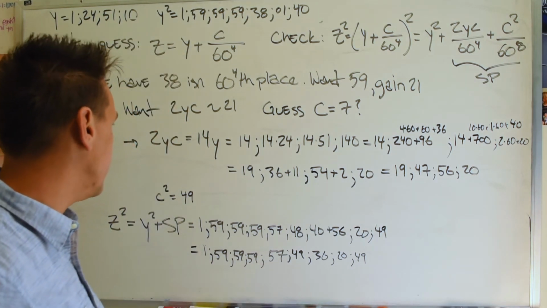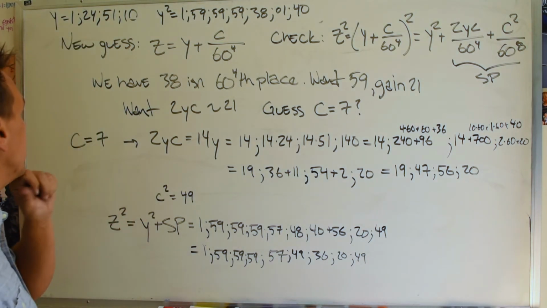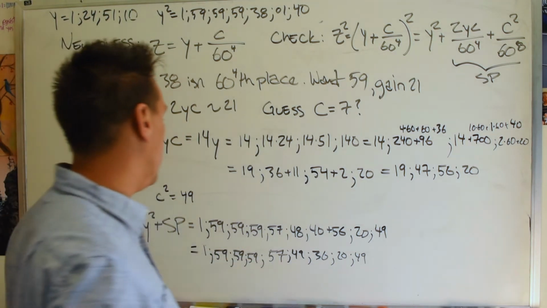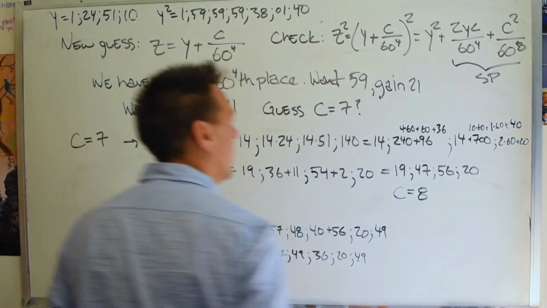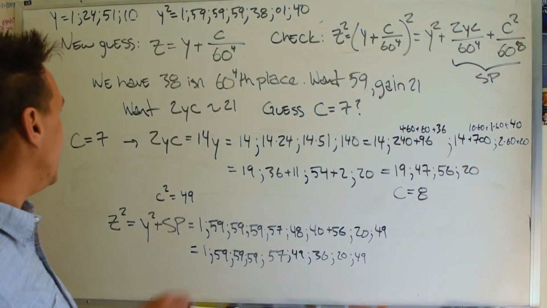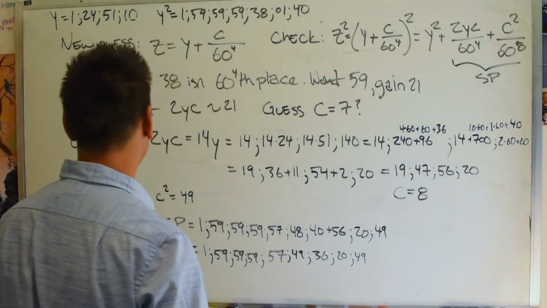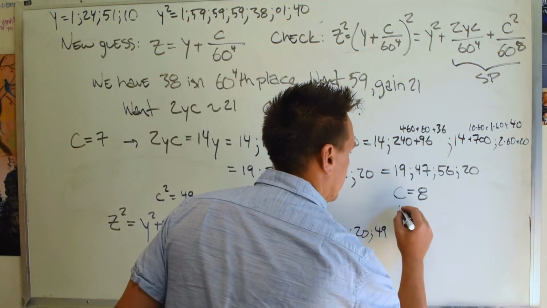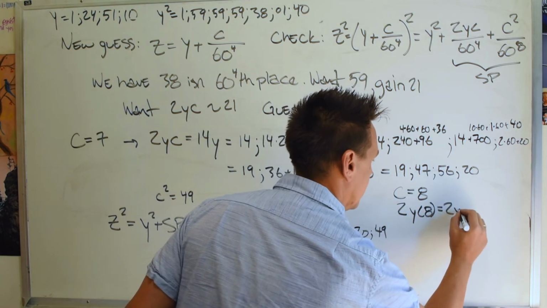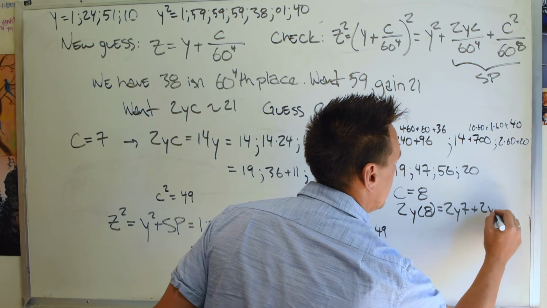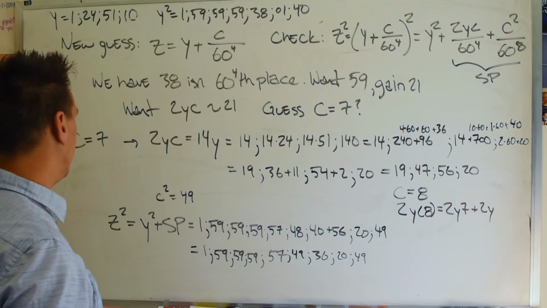The question is, if I made C equal to 8 instead of 7, would I still fit under? It's probably worth trying. C equals 8. Can I take most of this calculation for granted and change it slightly? So 2y times 8 is the same thing as 2y times 7 plus 2y. So if I figure out what 2y is, I can just add that on.